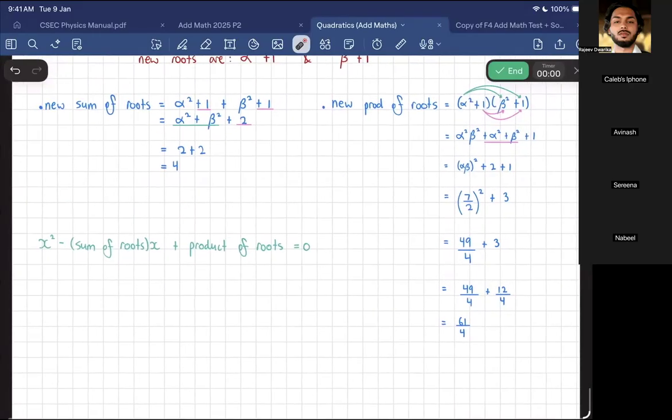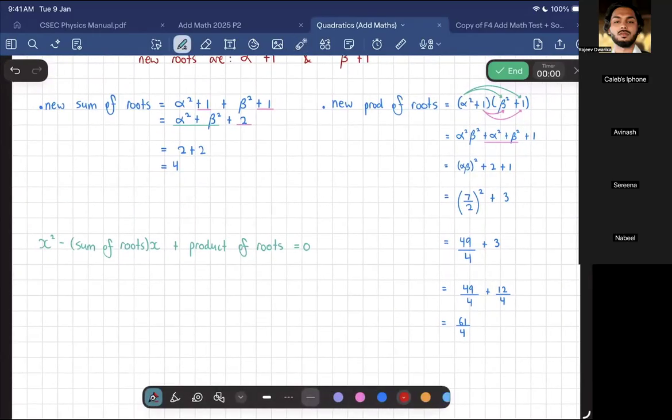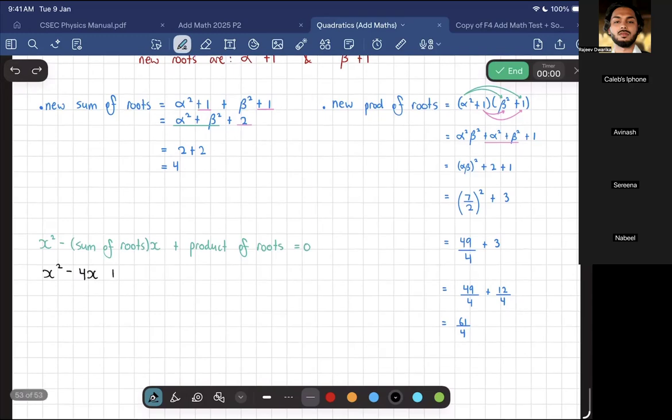So Nabil, what is the new sum of the roots? 4. Yeah, so I'm going to replace the sum of the roots with 4, so x squared minus 4x. And what is the product of the roots? It will be plus 61 over 4.